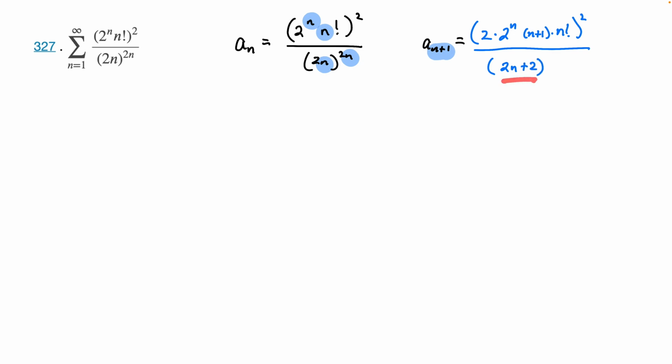So this is the same thing as 2 product n plus 1. Now that we know what 2 product n plus 1 is going to be, we're going to get a power of 2n plus 2. And we can do some algebra in our head and pull off 2 copies of the base.